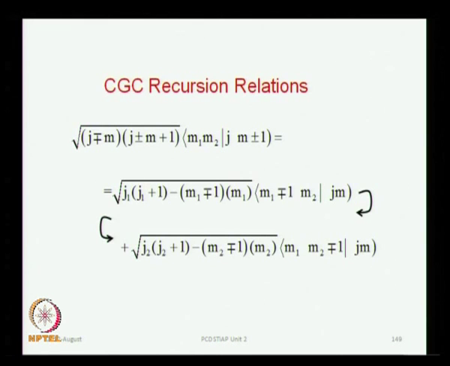What you find on the screen are 2 relations, one corresponding to one sign: if you take the upper sign over here, you take the corresponding upper signs in the rest of the terms. So, this is a set of 2 equations, and with these 2 recursion relations you can generate the entire matrix of the Clebsch-Gordan coefficients.